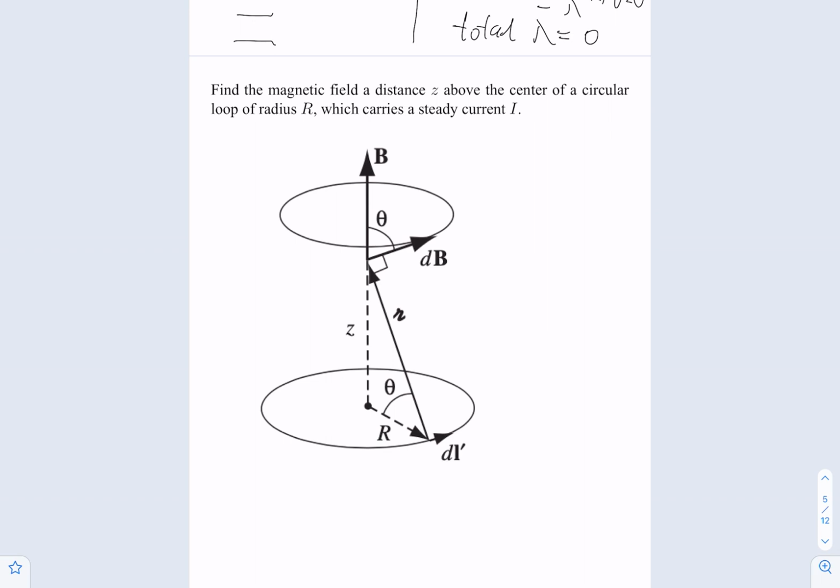So we need to calculate B along the z direction, and again we write down this constant here, and what we need to evaluate is this dl cross the separation vector hat over the separation amplitude squared.